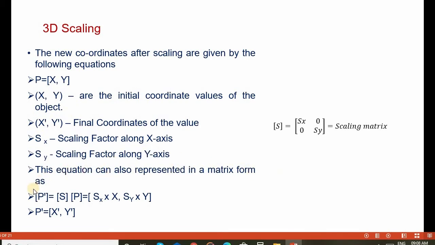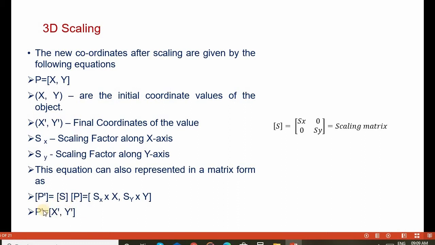The original object P has x, y coordinates as initial values, and Sx and Sy are the scaling factors along the x-axis and y-axis respectively. Multiplying the scaling factors with the original coordinates gives the new object's coordinates, x dash and y dash.